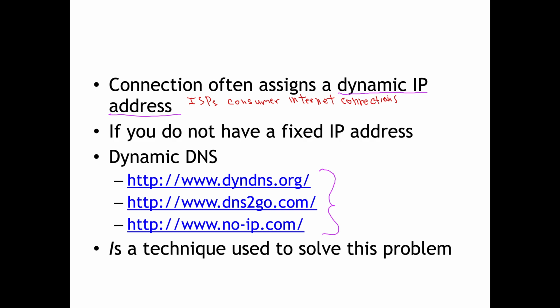In other words, the actual IP address of the server could change over and over and over again, and these services provide what we call a static IP address to a dynamic IP address.